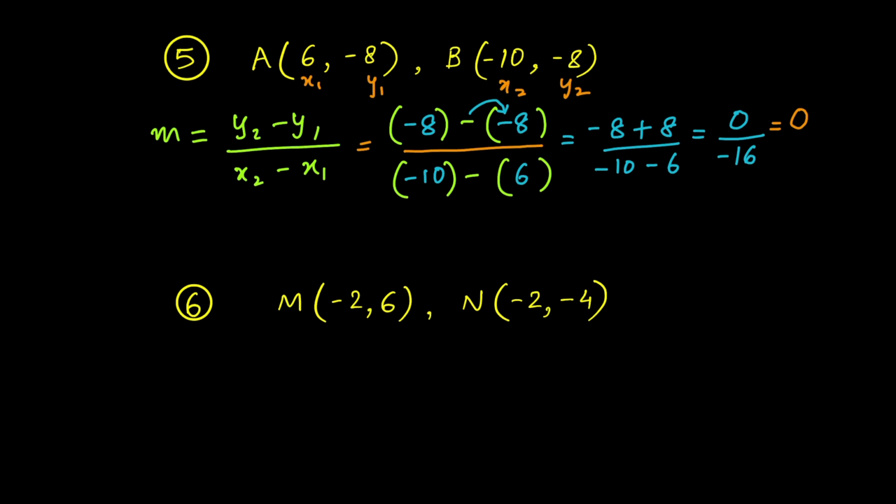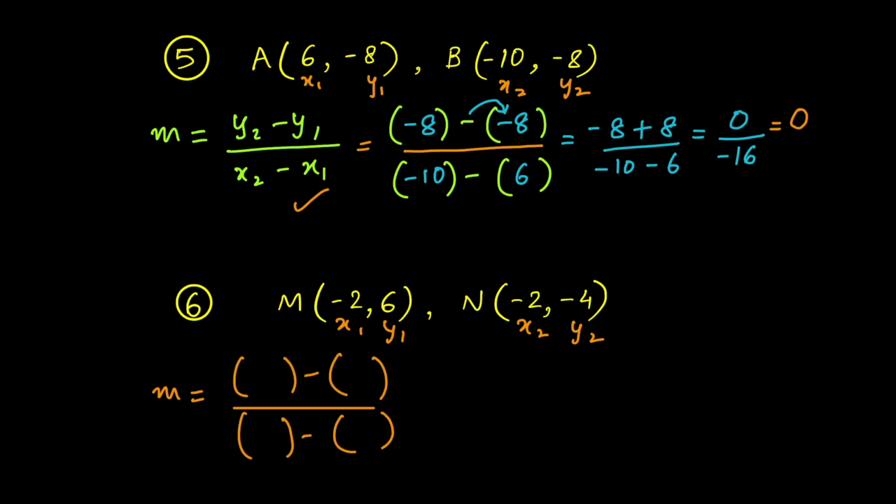So now the next example 6. In this, again we mark the first one as x1 y1, second one as x2 y2. So we write the formula. So we take the formula here itself and then just input the values, put the brackets this way, and when we write the values, it is minus 4 and 6 over minus 2 and minus 2.